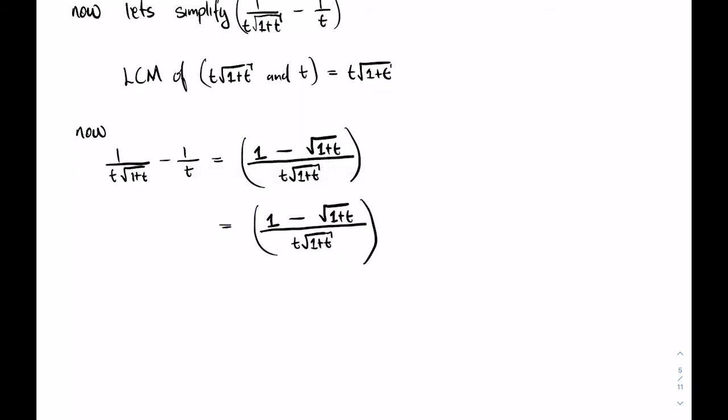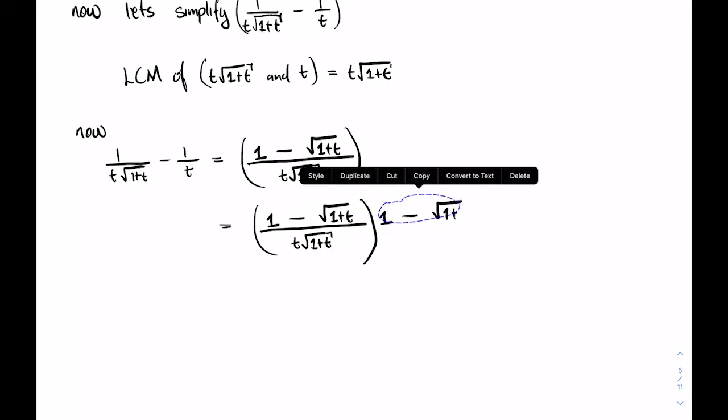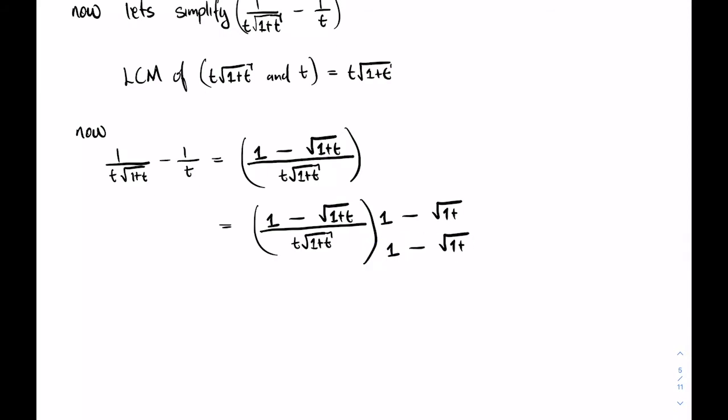And let's do one more copy. And one more copy. So what we're doing here is we're multiplying by the conjugate of the numerator, but I am multiplying both the denominator and the numerator by the conjugate.